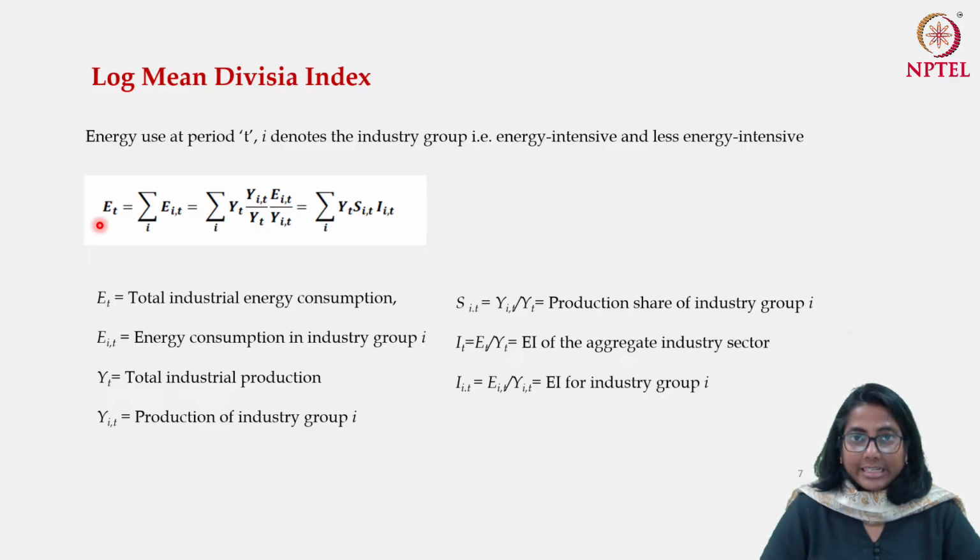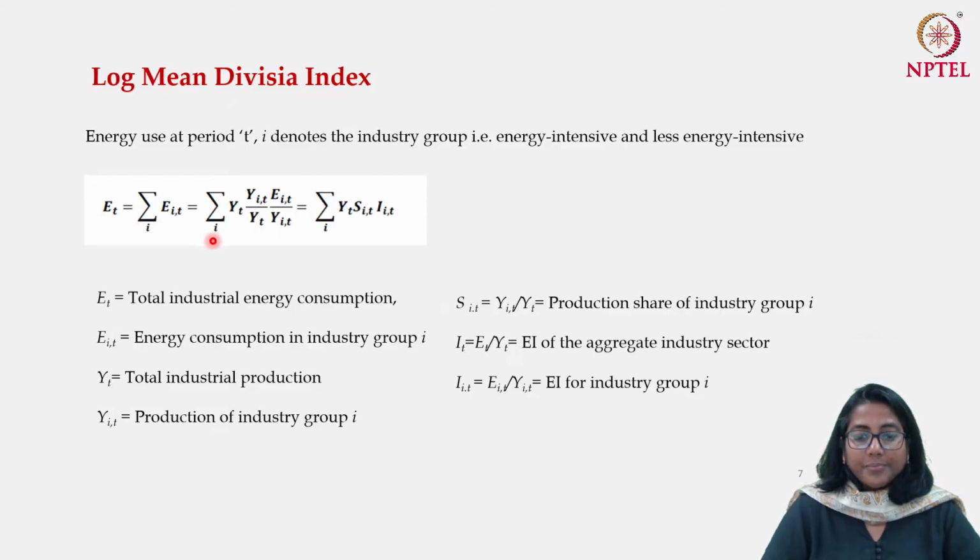E_T, the total energy demand of the manufacturing sector, I can write as a sum of E_iT summing over i, where i stands for a particular industry. So this is the sum of energy consumed by the cement industry, energy consumed by the steel industry, energy consumed by the fertilizer industry, and so on and so forth.